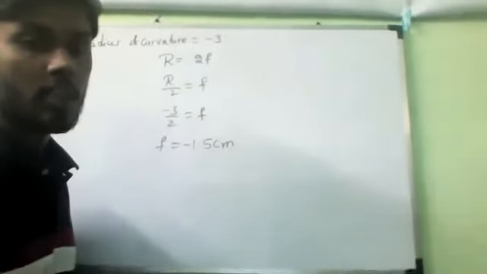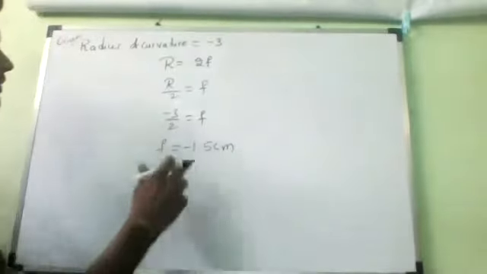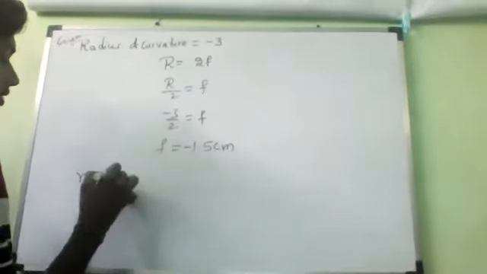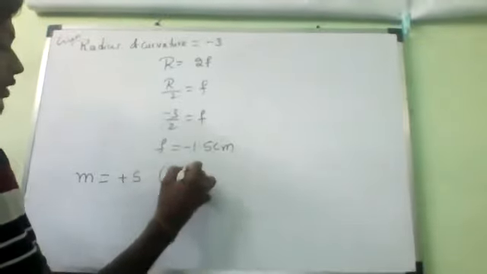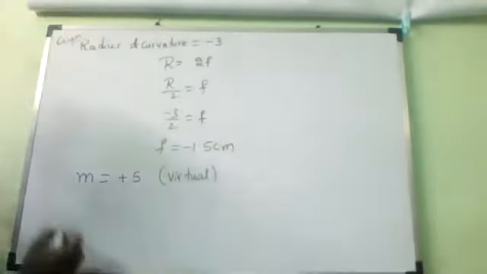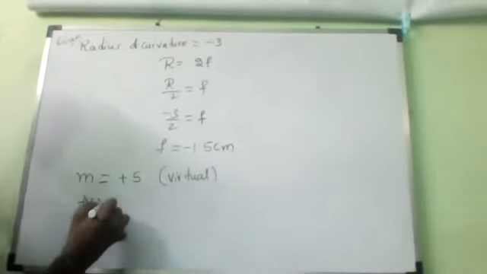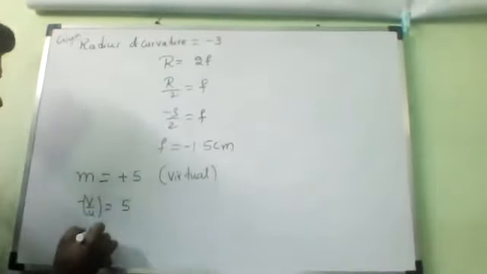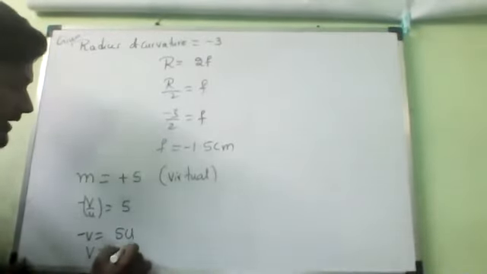Is there any doubt, anybody? You can ask me. No, sir. So now this is the focal length. On magnification, they have given plus 5, because it is a virtual image. So now, magnification is equal to minus V by U, which is equal to 5. So minus V is equal to 5U, and V is equal to minus 5U.